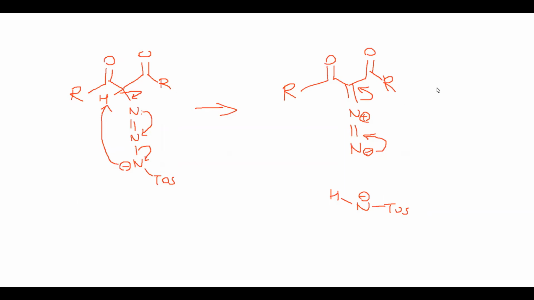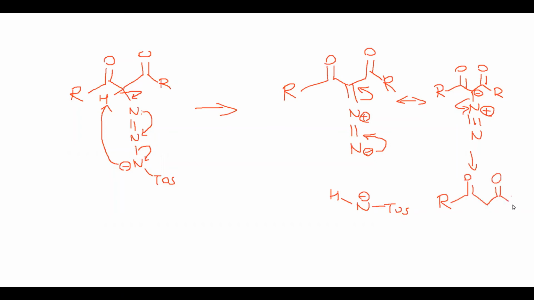So this will give us our negative charge here, our positive charge on this nitrogen in the middle still. Now all we need to do is supply that heat or that UV light, make the nitrogen leave, and we get our carbene on our 1,3-dicarbonyl system, like so.